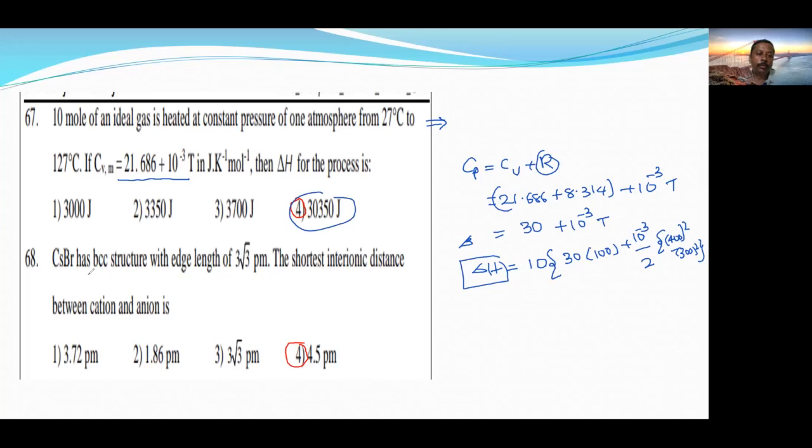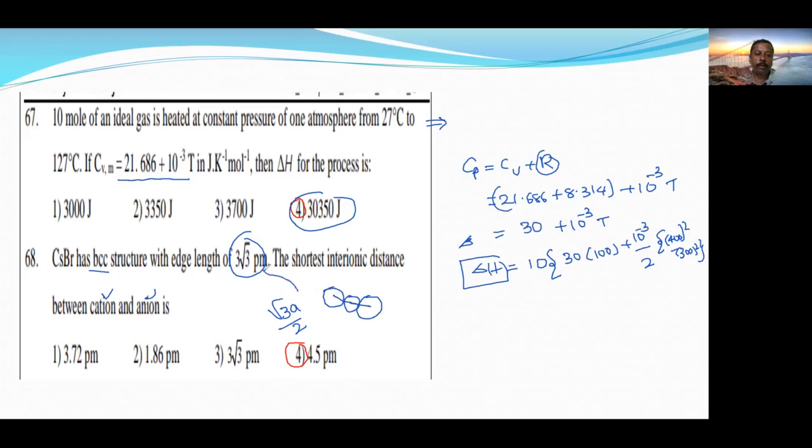Now CsBr has an edge length of 3 root 3 picometer. Find the shortest interionic distance between cation and anion. That means the body diagonal, root 3a; half of the body diagonal gives the interionic distance. Up to here from the corner, the total distance is root 3a.